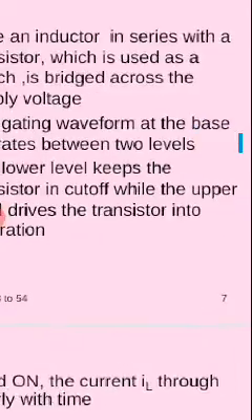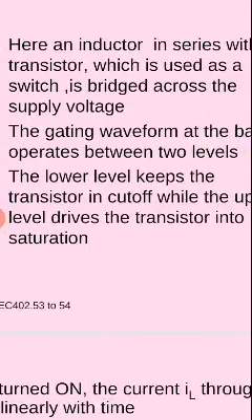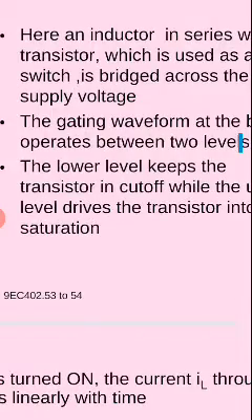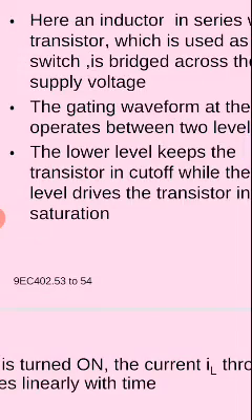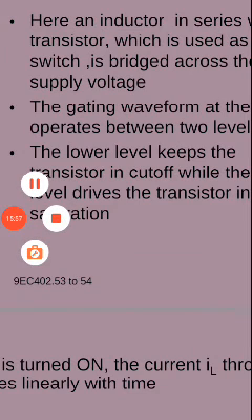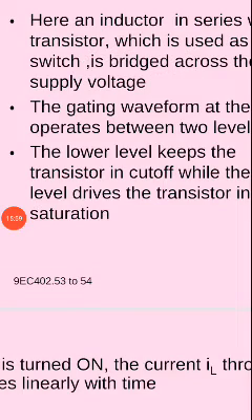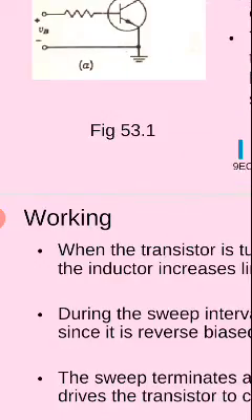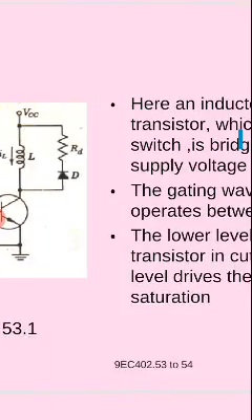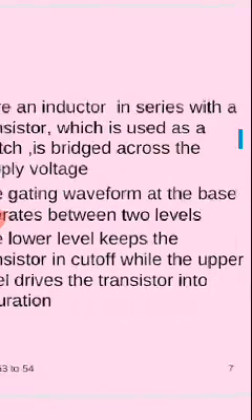The lower level keeps the transistor in cutoff, while the upper level drives the transistor into saturation. This is about the circuit details.